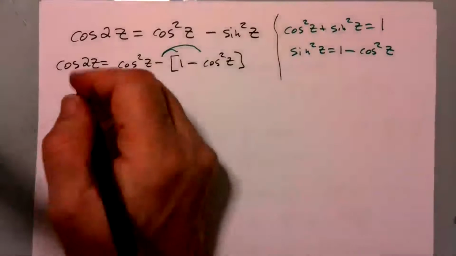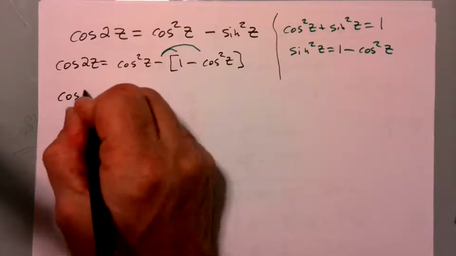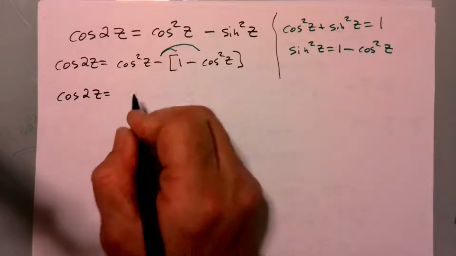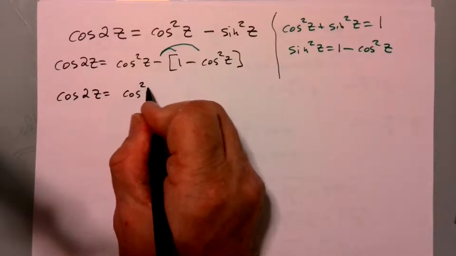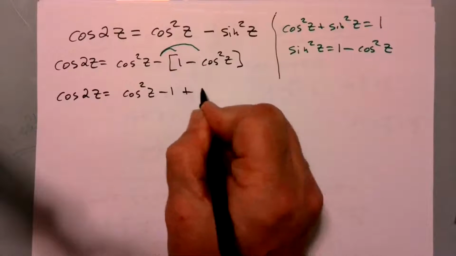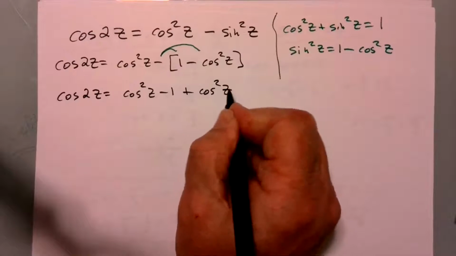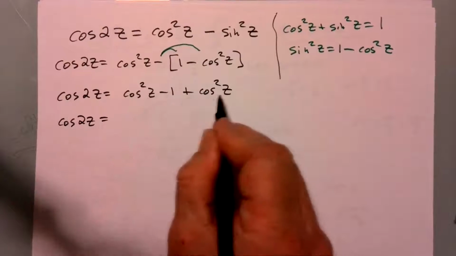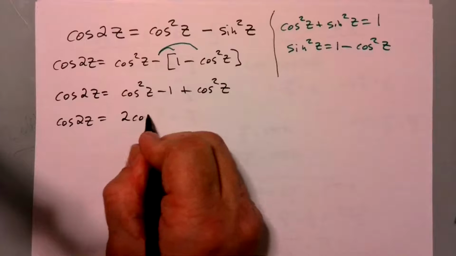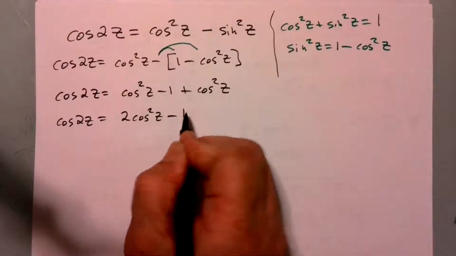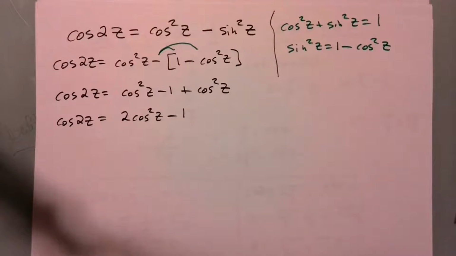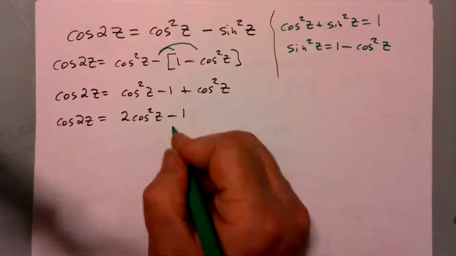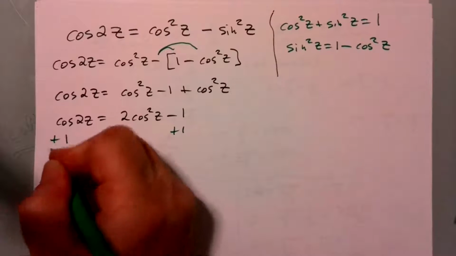So my next line becomes cos 2z equals cos squared z minus 1 plus cos squared z. Cos squared plus cos squared, 2 cos squared z minus 1. Add 1 to both sides.